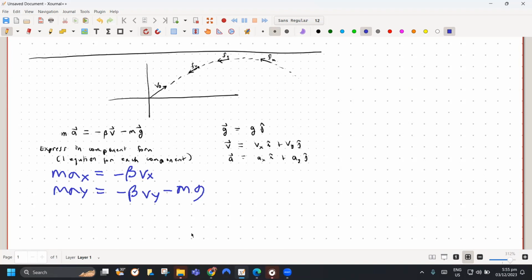So the motion when the drag force is proportional to the velocity will look like this.